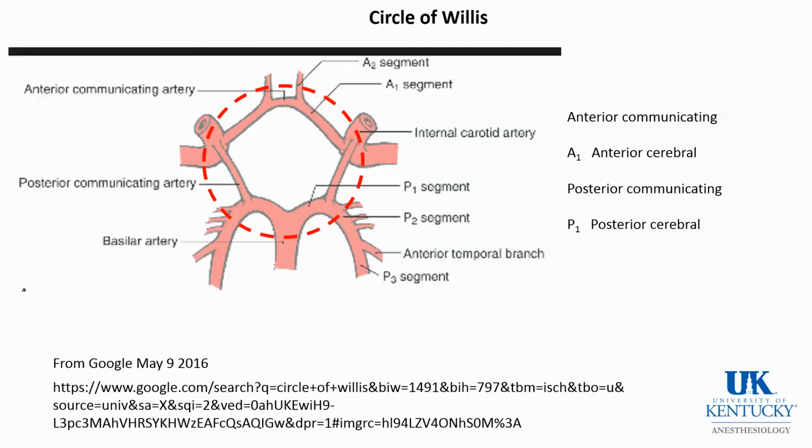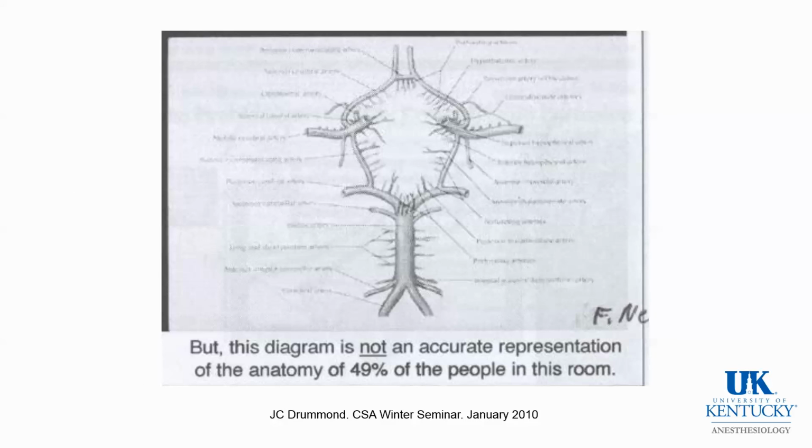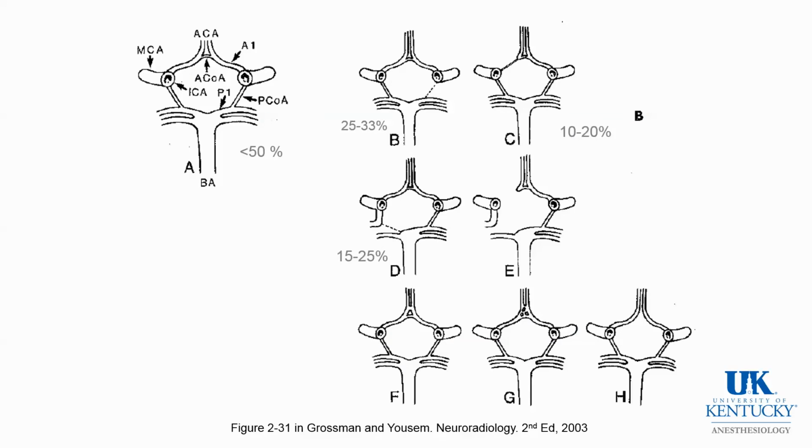It is thought to supply collateral circulation in case one of these structures becomes involved with disease. However, it turns out that it is only totally intact in less than 50% of patients.